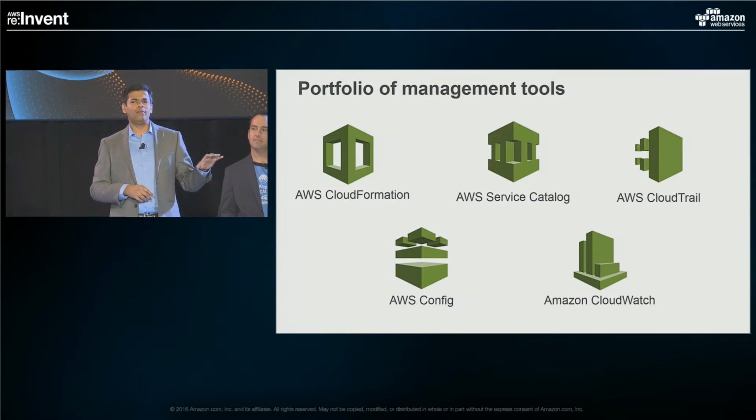Now, just by a quick show of hands, have any of you used any of the services listed here? Just any? All right. Wow, so many hands up in the air. These are popular services. So what I am going to do is show you how you can use a combination of these services to manage the entire life cycle of your infrastructure on AWS.